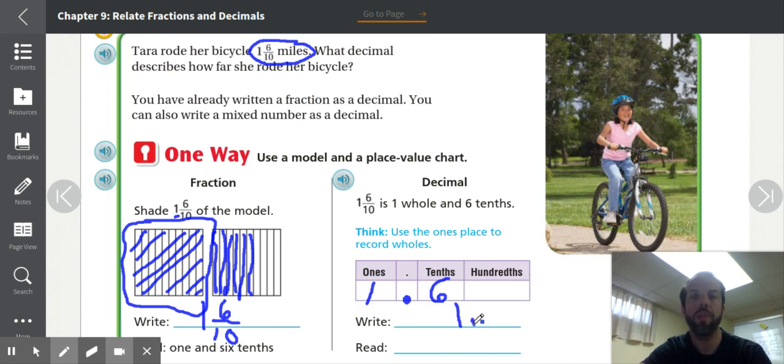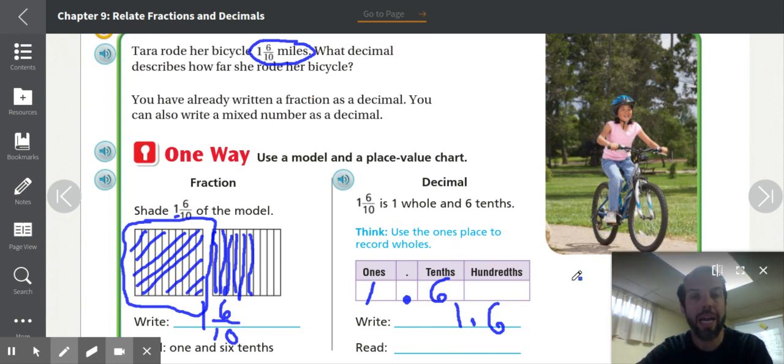So how would I write that as a decimal? 1 decimal point 6. Now, we're going to do something that your teachers, including me, have always said not to do. When you are going from whole number world to fraction and decimal world, usually in whole number world, when we read a number, you are not allowed to say the word and. So you would say like 1,286. No and.